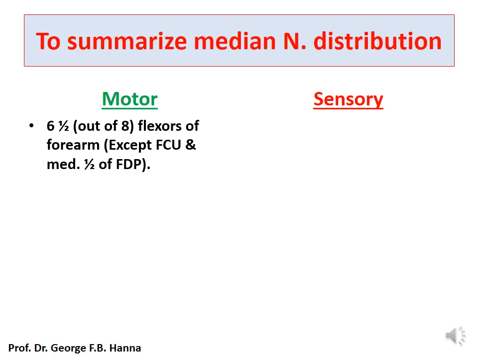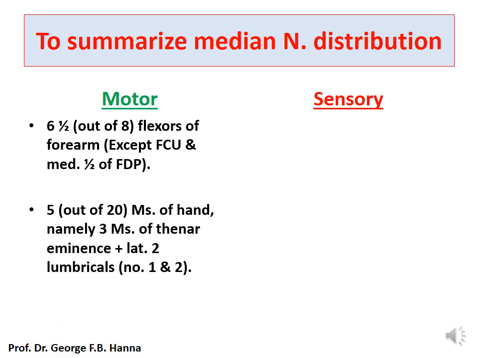Obviously, these 1.5 muscles will be supplied by the ulnar nerve. 5 out of 20 muscles of the hand, namely the 3 muscles of the thenar eminence, you can summarize them as the abductor pollicis brevis and the flexor pollicis brevis and the in-between opponens pollicis, as well as the lateral 2 lumbricals number 1 and 2. 5 muscles out of 20 muscles of the hand.